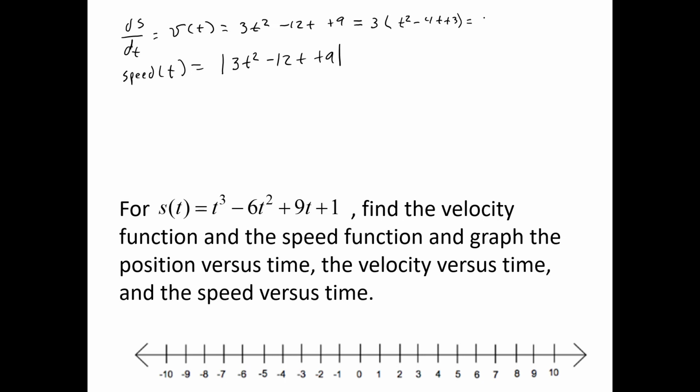And then this will factor as 3 times t minus 3, t minus 1. And so what that tells me is that to graph my position function, all the key points happen first at 0, because that's where we're starting, then at 1, and then at 3.